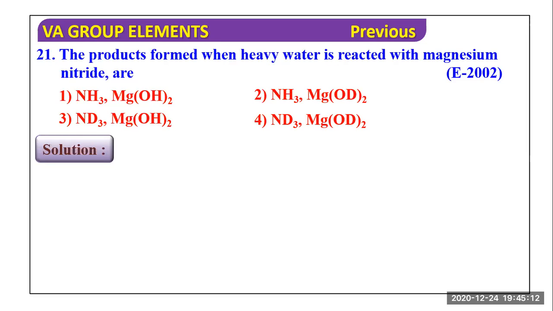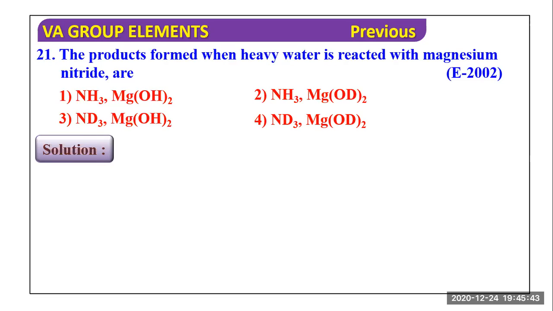Actually, when any nitride reacts with water, it will give ammonia plus its metal hydroxide. So Mg3N2 plus 6 water gives 2 ammonia plus 3 Mg(OH)2.